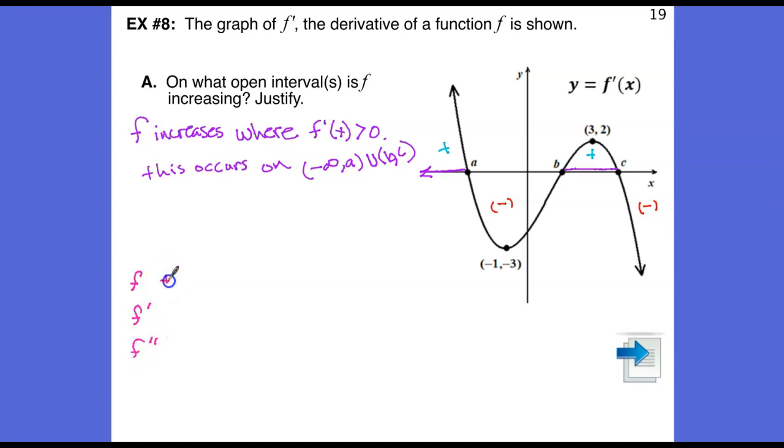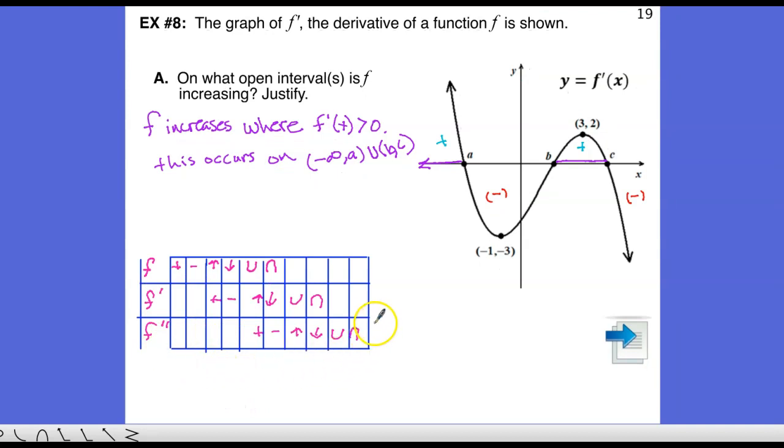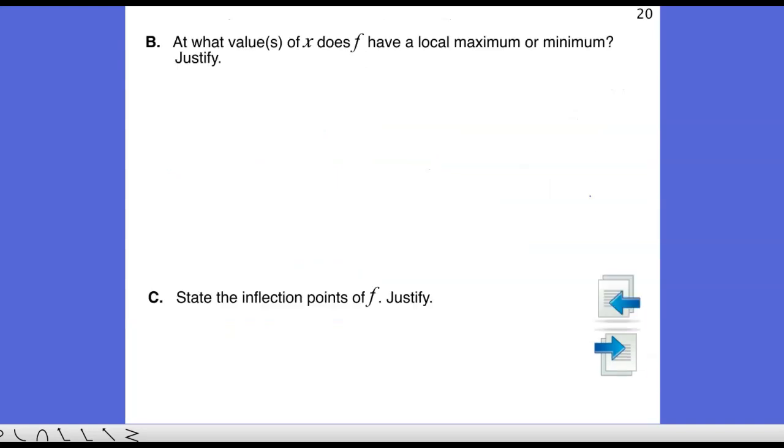Then I'm going to write plus, minus, up, down, concave up, concave down, repeated for each. Alright, so with our memory device, we've got all the relationships that we need to interpret any graph that we're given. Let's take a look again and see what we're being asked.